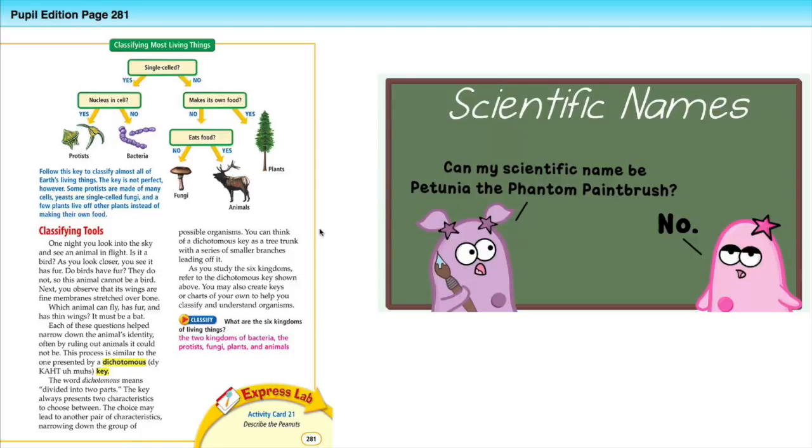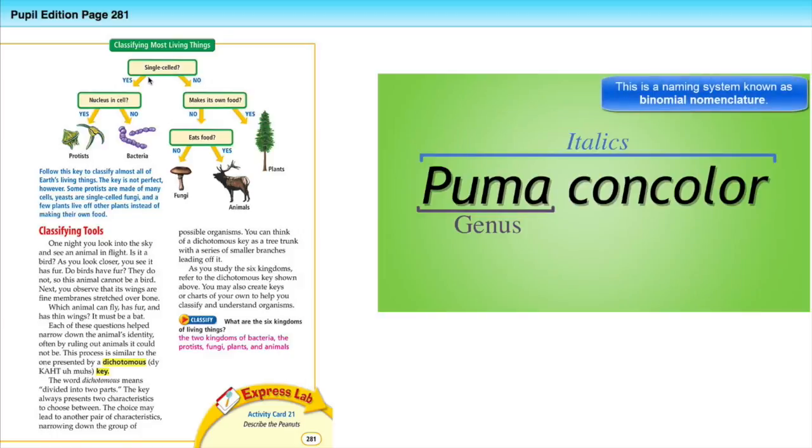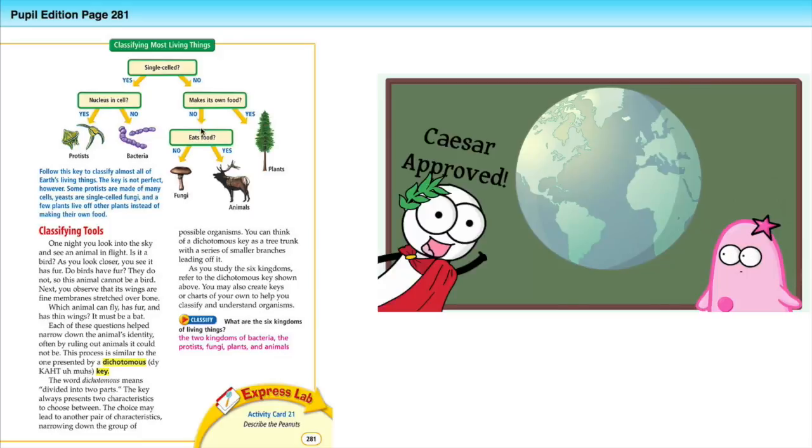So if we look at the example on this page, the very first question they happen to be asking is, is this a single-cell organism? If the answer is yes, we go on to our next question, does it have a nucleus in this cell, yes or no? And if the answer is no, our next question is, does it make its own food? If the answer is no, that means it must eat somehow or get nutrients somehow.